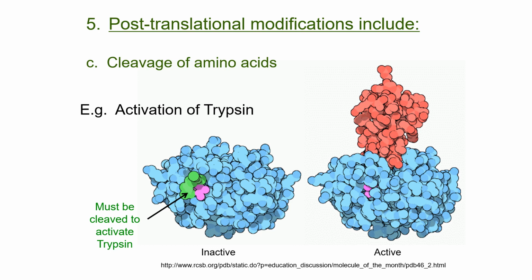It's released through the pancreatic duct into the duodenum. That's the first part of the small intestine. And there's enzymes there that cut off that little safety thing. So they remove that small chain of amino acids, and now trypsin can become active where it should be active, where it's going to attack the protein that you took in with your food and not the protein that makes up the cells that manufactured it.